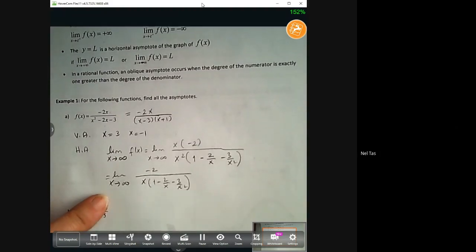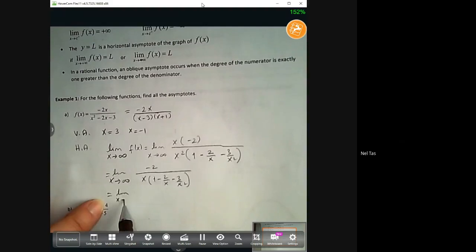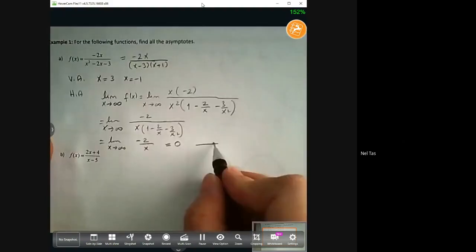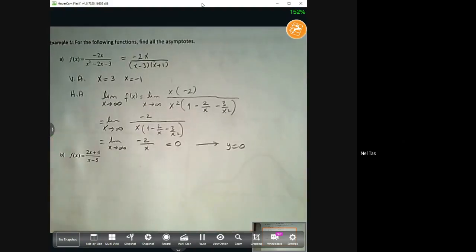So basically you end up with negative 2 over x. If you again sub in a very big value for x, negative 2 over a very big value gives you 0. So the limit of this is 0. Therefore, you have a horizontal asymptote at y equals 0.